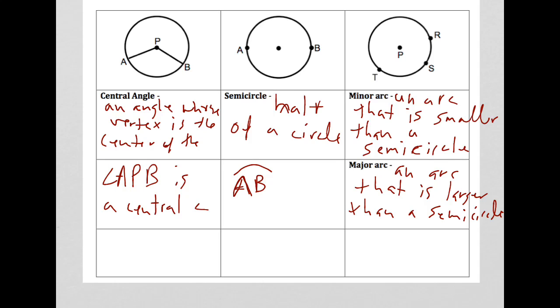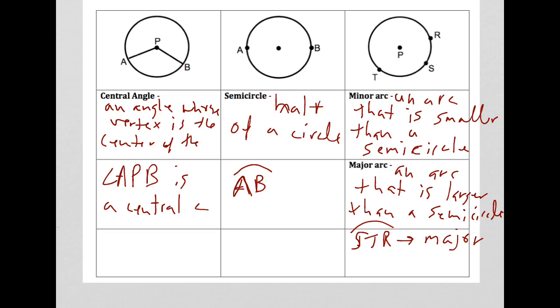The way that we make sure we're going the right direction is, if we want to talk about the major arc, we would use a point somewhere between S and R. So if I'm saying SR and I'm going that way, then I have to put that point in there that's in the middle. So STR would be a major arc.